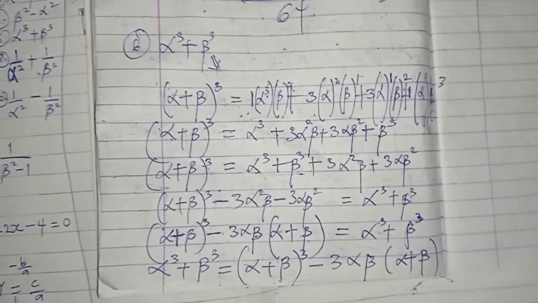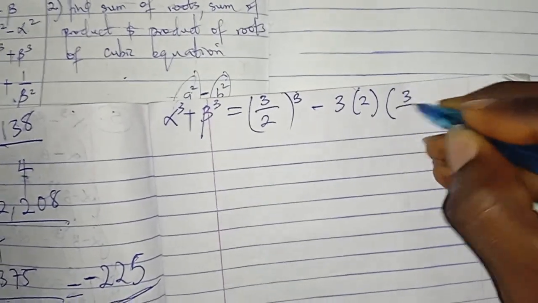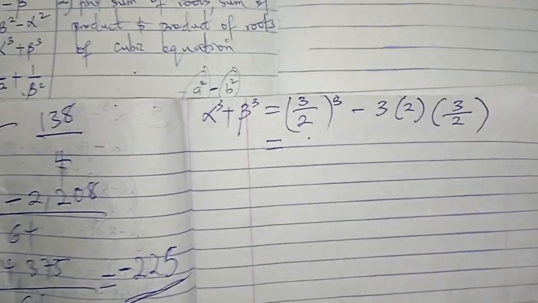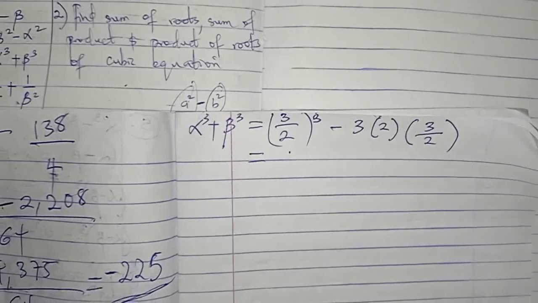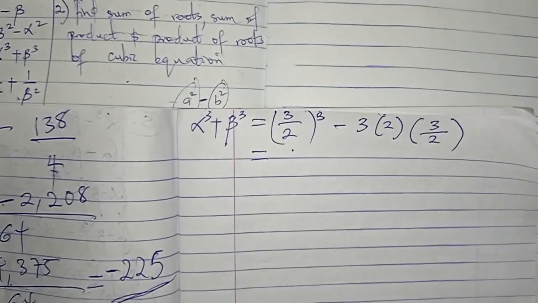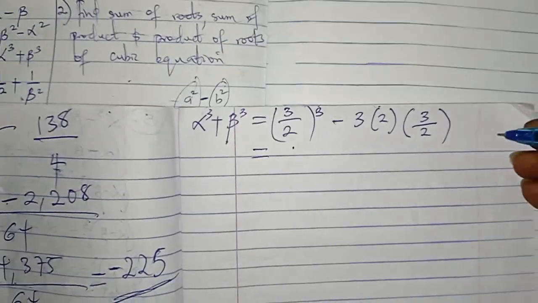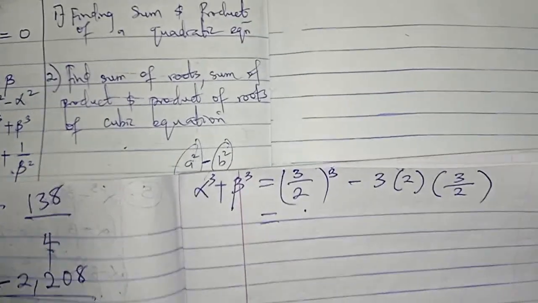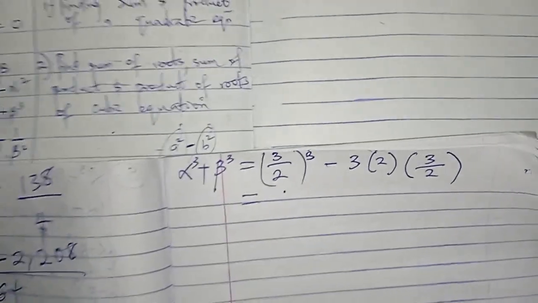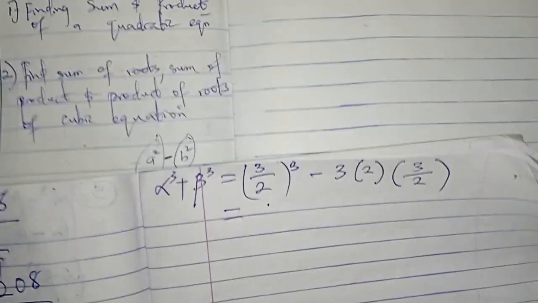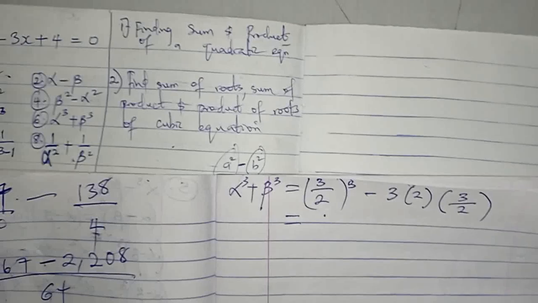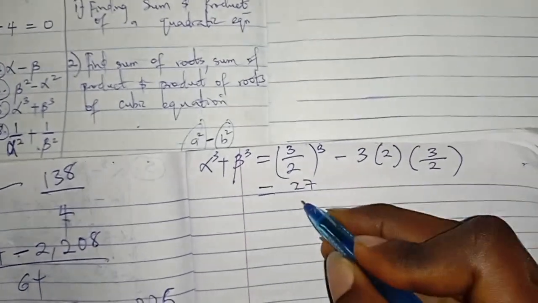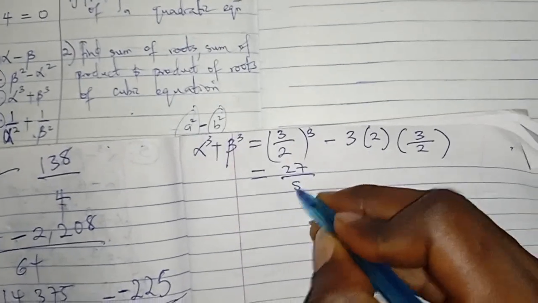Alpha plus beta is 3 over 2. So if you do this, it's going to give you 3 times 3 times 3, that is 9 times 3, so that should be 27, all over 2 times 2 times 2, that should be 8.